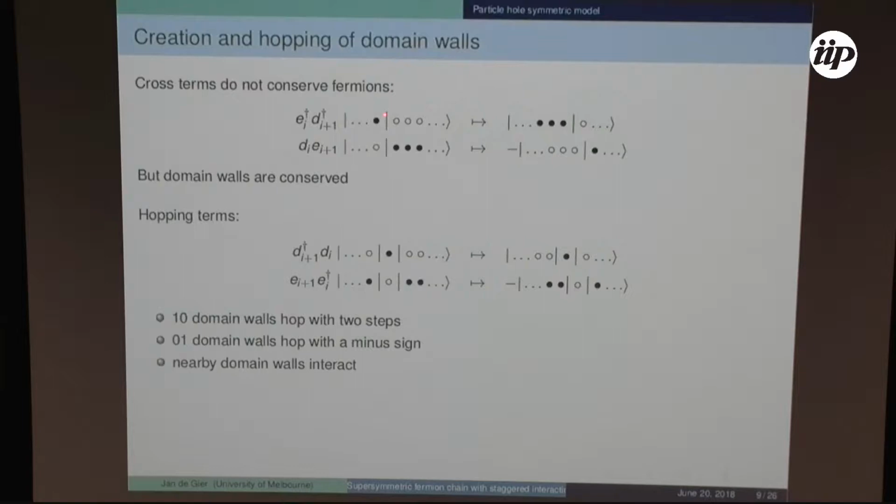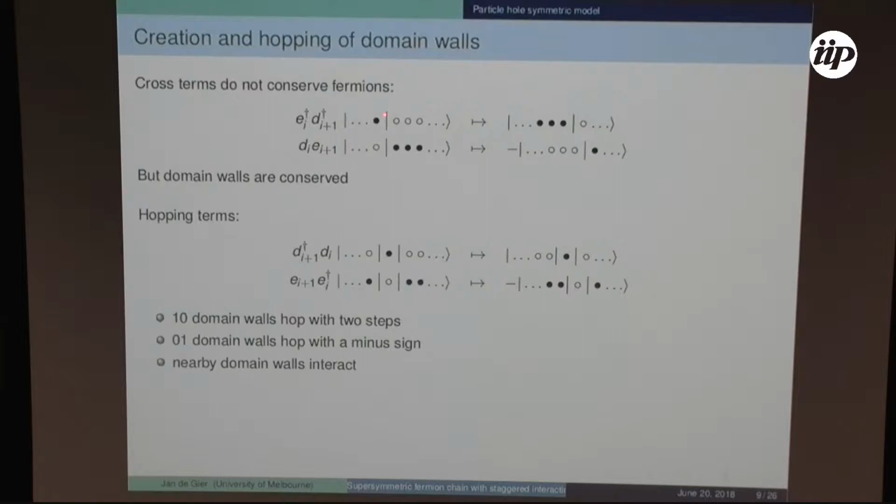So you go from this configuration of fermions to that configuration of fermions. So what this operator does, it inserts two fermions. Right? So the number of fermions is no longer conserved. So we can create a pair of fermions.